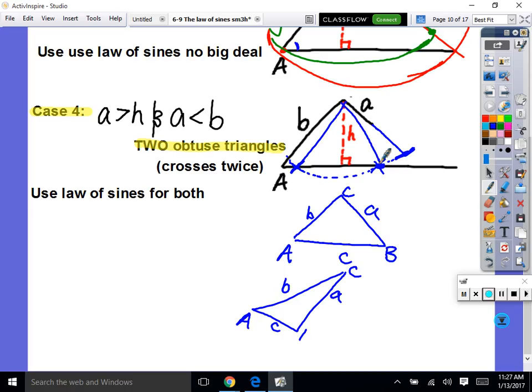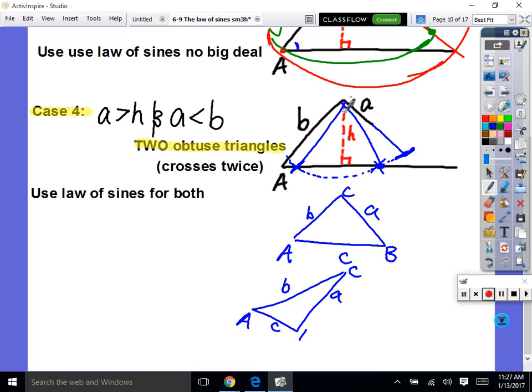Like that's not a solution, right? It's just a line. Oh, I see what you're saying. It's crossing, but we're making a triangle, so that would just be a nothing, right? It's like how many triangles does it make? Okay. Good question. If you have that, then you have to solve both. There's both triangles there.